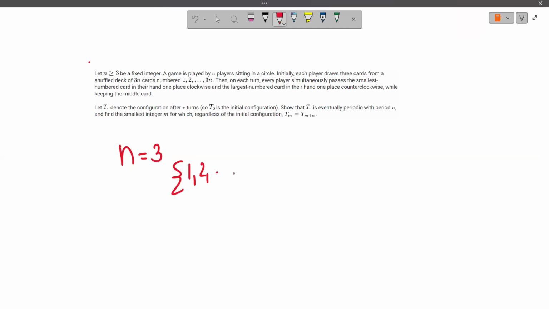The USA TSTST has the best flavor text after all, that love triangle problem. 2011 TSTST P5, try that.